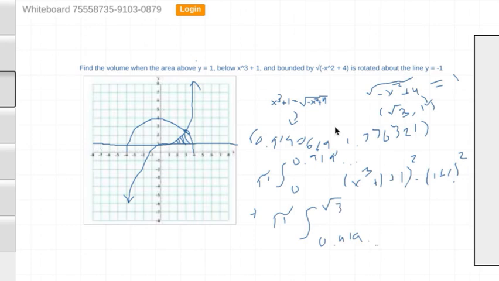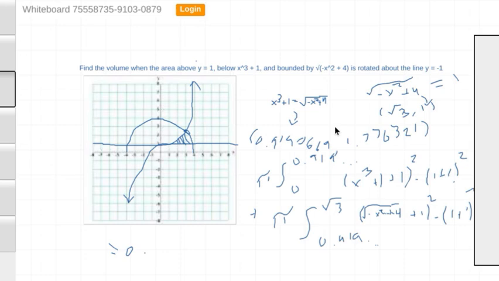And then we add a second integral because there are two different equations that bound this area. So pi, the integral from 0.919 to root 3 of the half circle equation plus 1 squared minus 1 plus 1 squared.